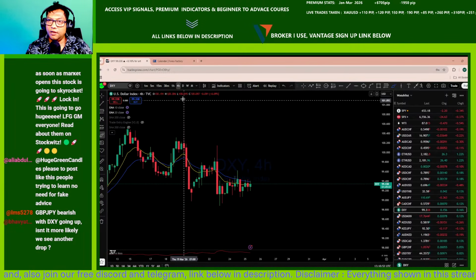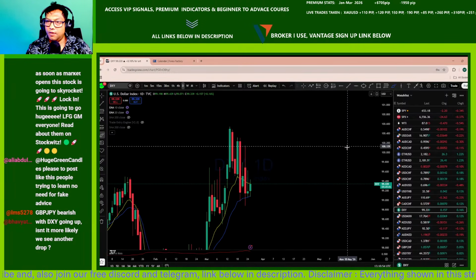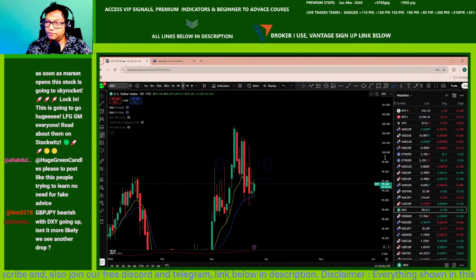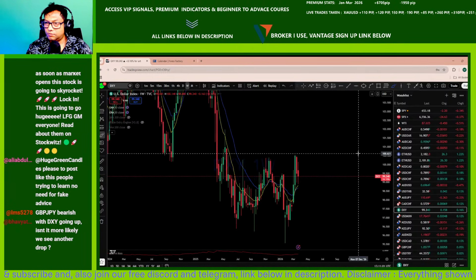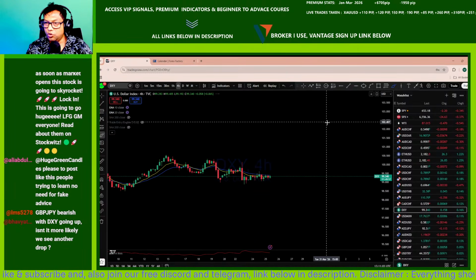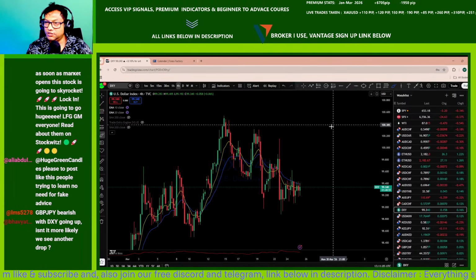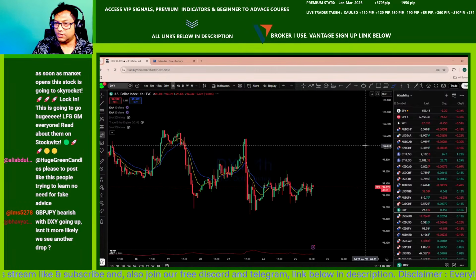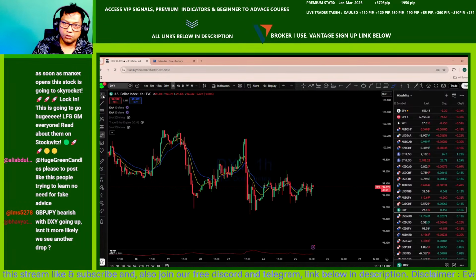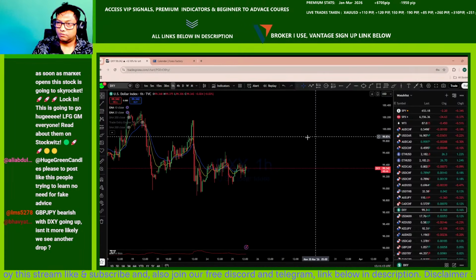DXY is slowly trying to build its momentum, but is still not showing a strong move, as we can see on gold. Gold is pretty volatile now.